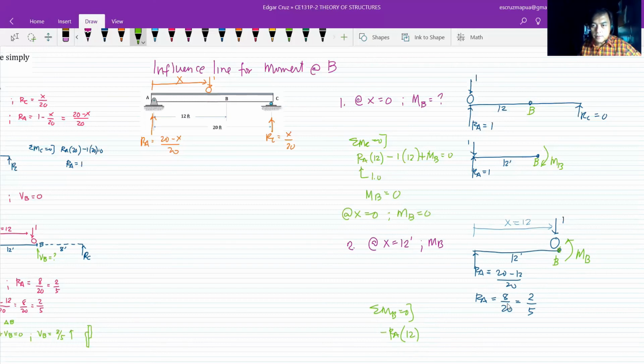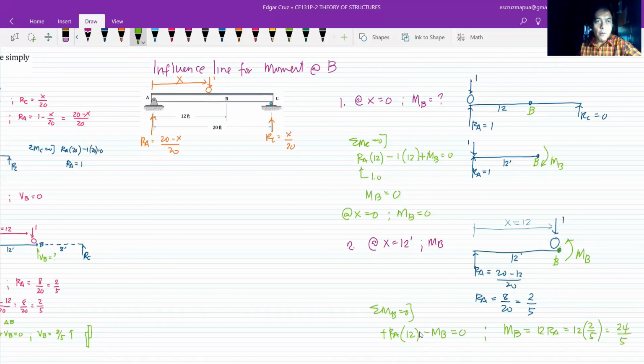Then yung MB, clockwise pala to, positive. Tapos yung negative MB, kasi counterclockwise, equal 0. Kasi yung 1 will just pass through point B. So wala siyang moment arm. 1 times 0. So hindi nakasama yung unit load. So from here, we could say that the moment at B is just equal to 12 RA. And what is RA? RA is 2 over 5. Therefore, this is 24 over 5.